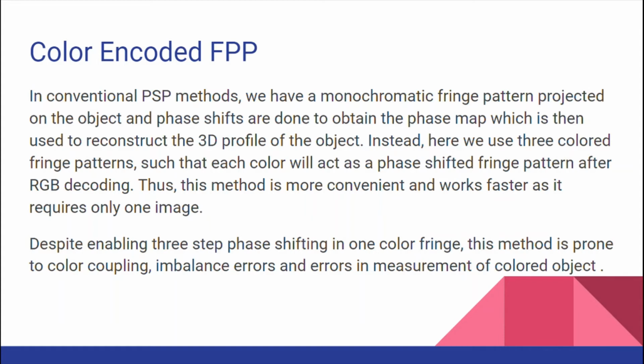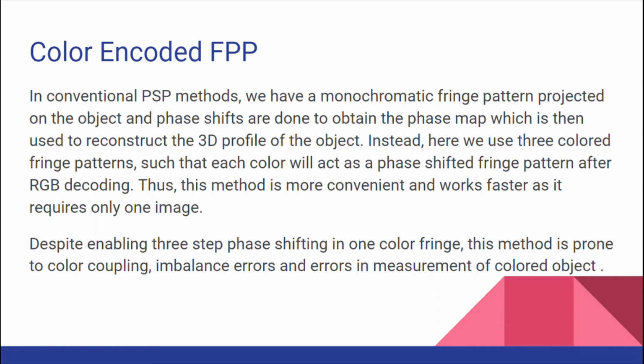Previously, we used phase shifting profilometry, in which multiple snapshots need to be taken, and that was more time consuming, and it normally gave us errors because of the time lag and other acquisition errors.